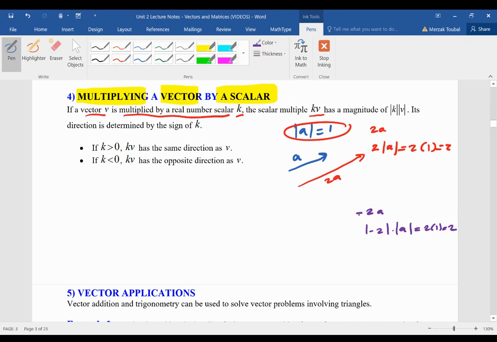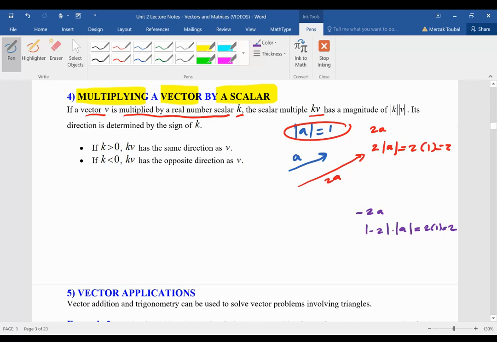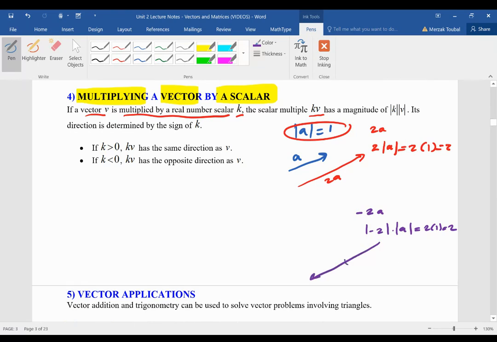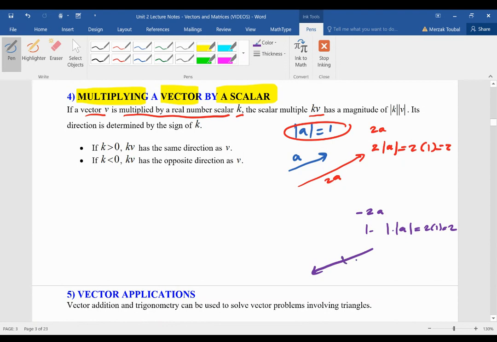However, that negative will change the direction of vector A. So the resultant vector in this case will be this one. It's twice vector A, but in the opposite direction. So this is negative 2A. I hope this is clear.